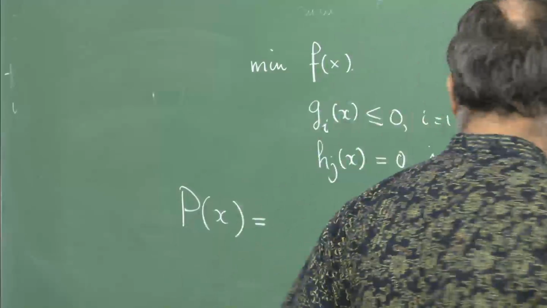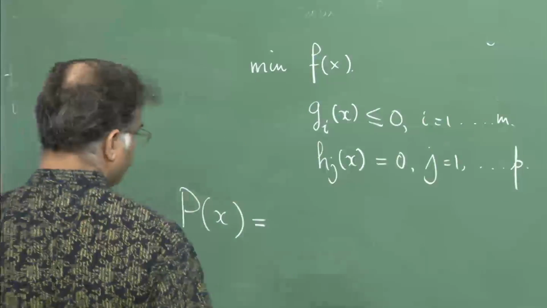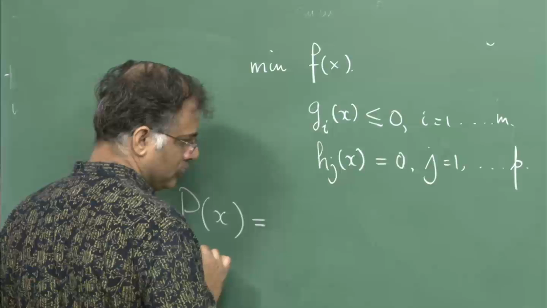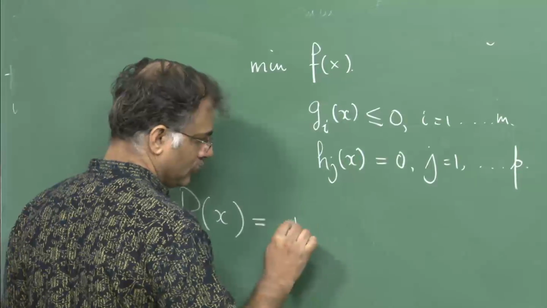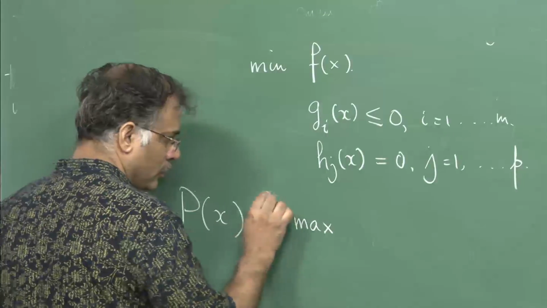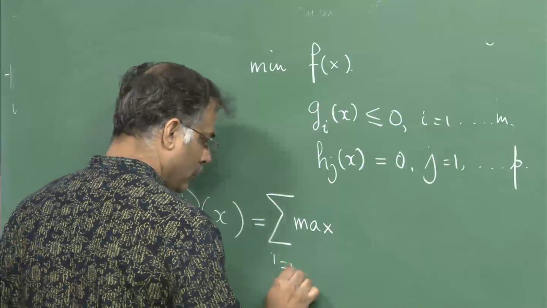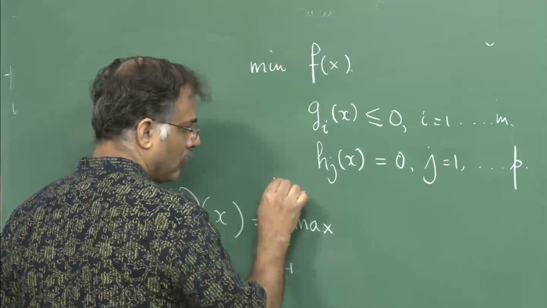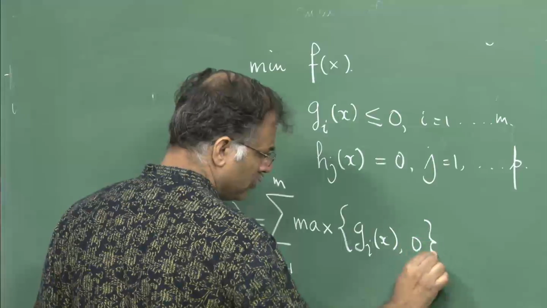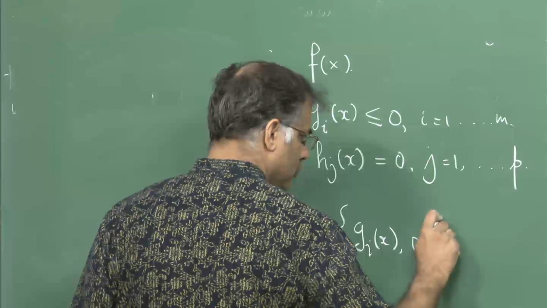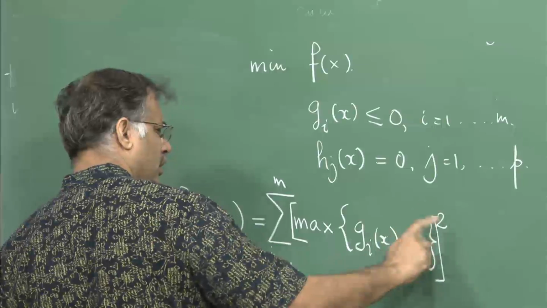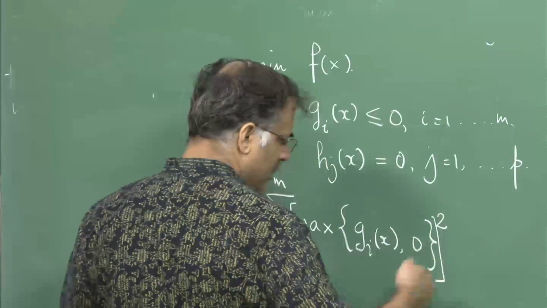This is usually called the Beltrami penalty function. See, this penalty function is usually given like this. You basically take the max between g_i(x) and 0 and take the whole square, and you do it individually for all the i's and sum them up.